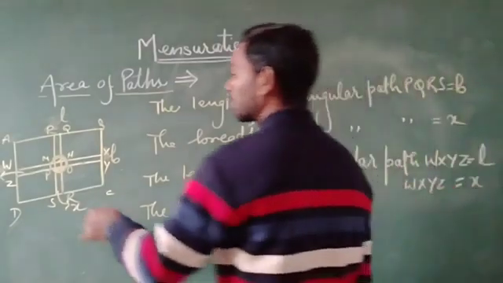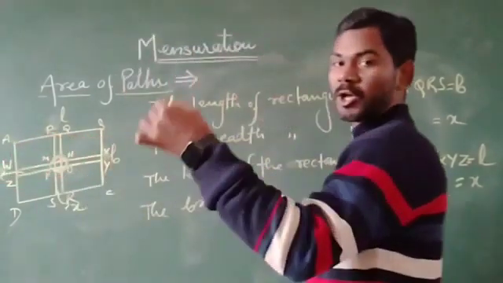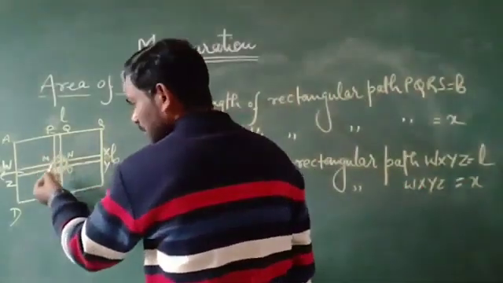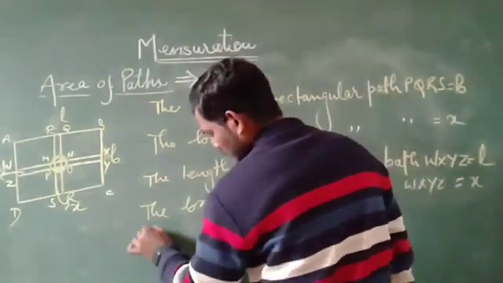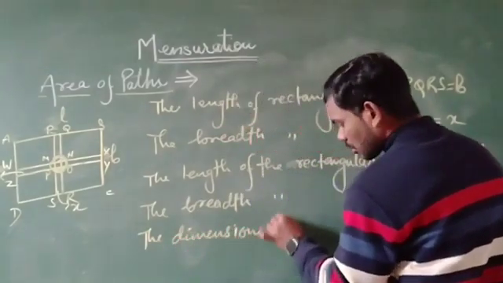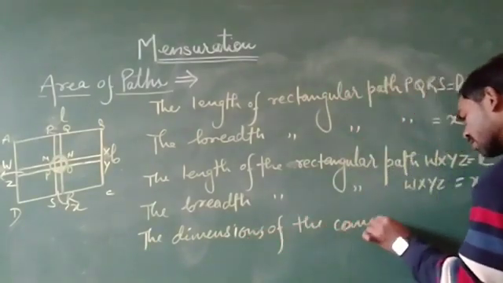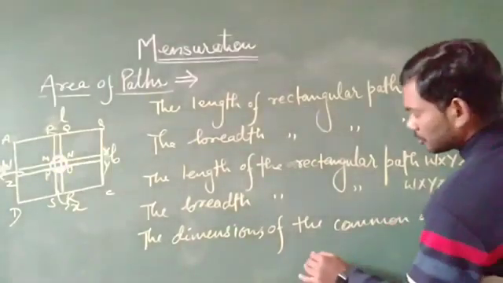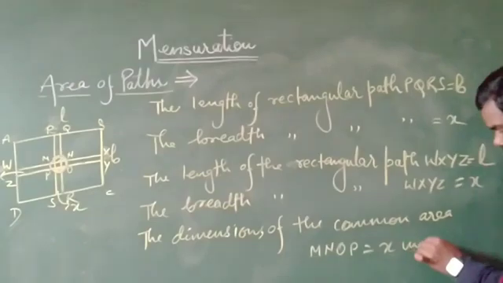And if we think about this common area, which is a square, then it has the same length on all sides, and this is x, because it is a square and it has the thickness of the path. Therefore the dimension of the common area MNOP is x unit.